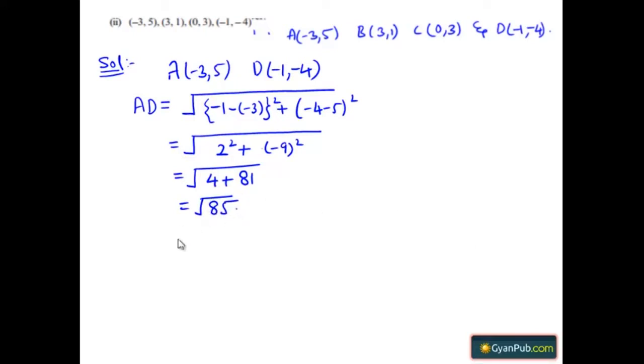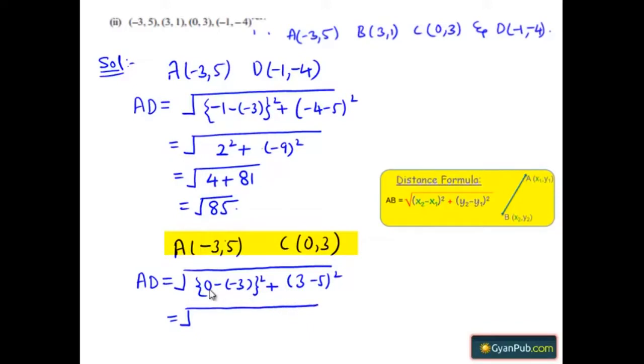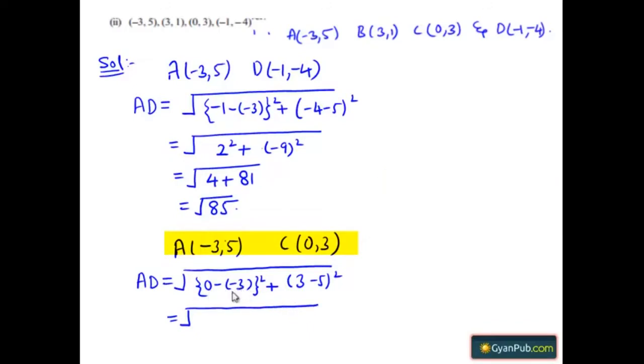Now let us take the points A (-3, 5) and C (0, 3). By applying the distance formula, we get length AC equals the square root of (0 minus of -3) whole square plus (3 minus 5) whole square, which is equal to the square root of (0 minus of -3 is 0 plus 3, which is nothing but 3) square plus (3 minus 5) whole square, which is nothing but -2 square.